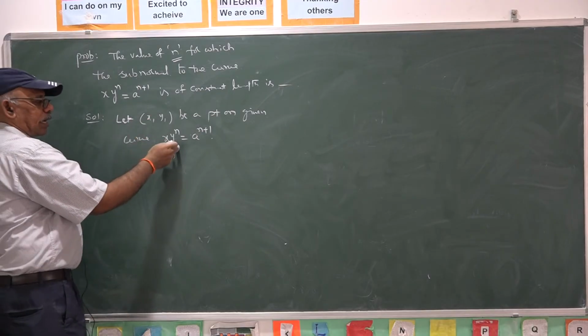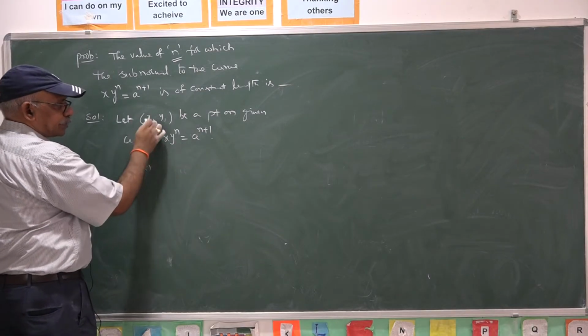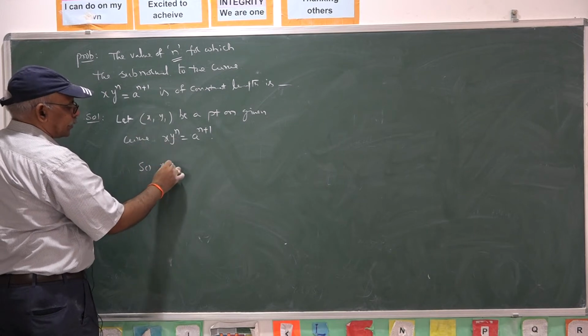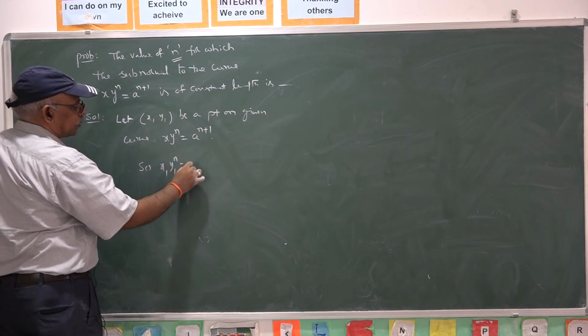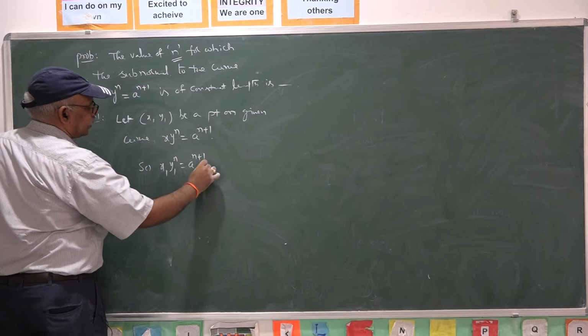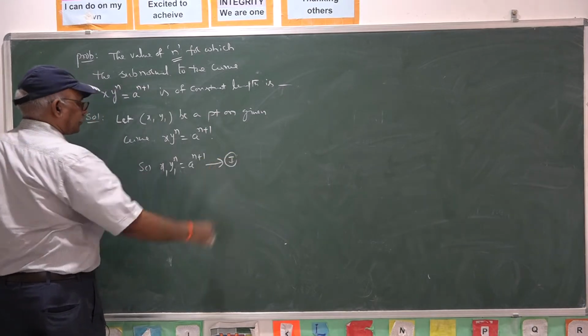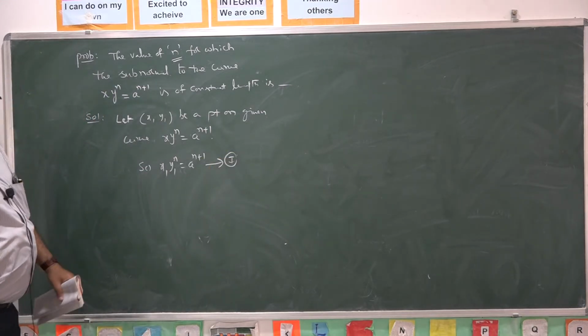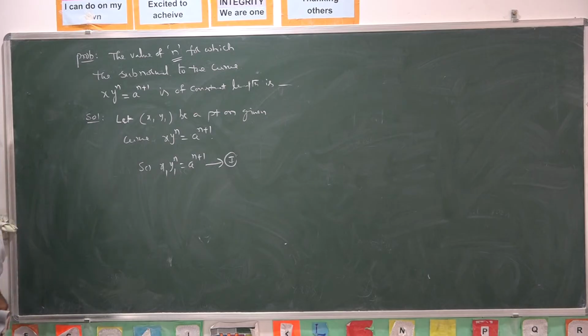Since this point lies on the curve, it satisfies the equation of the curve. So, x1 y1 power n equal to a power n plus 1. That is one relation.